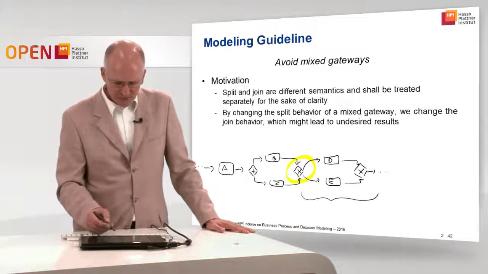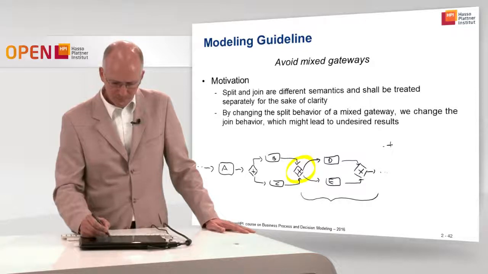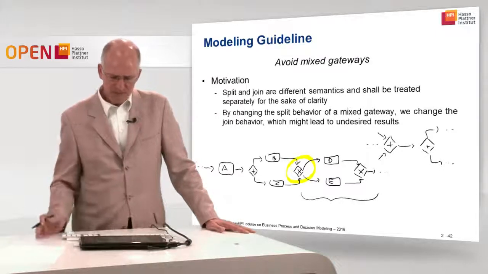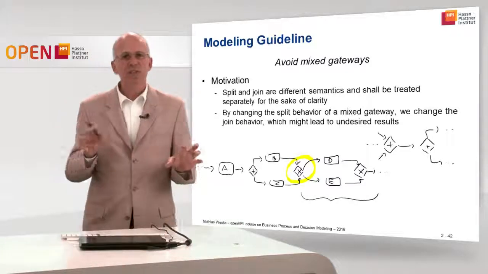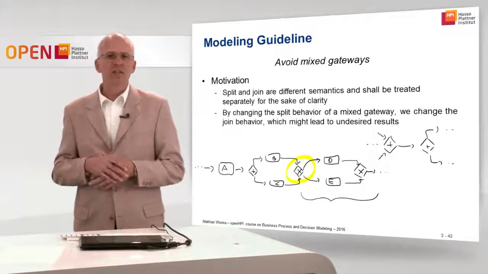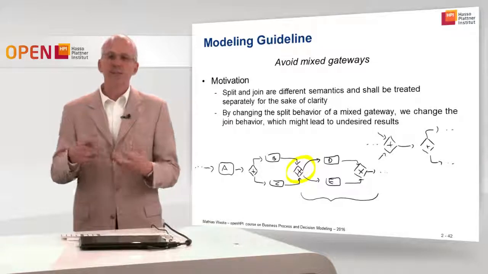In the first case, we can just have one AND gateway, which is the join gateway. And then we have a split gateway. By using two gateway symbols and attaching them with a sequence flow, we have the same behavior, but for each concept in our process model, we have one element that represents it.